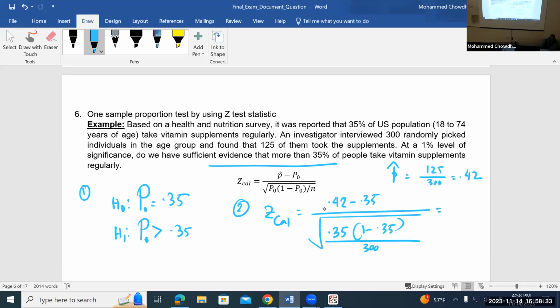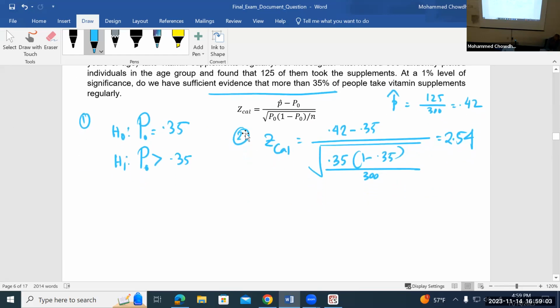Then I will go for the third and fourth steps. Got 2.54. Yes, so that is the calculated value. God bless you. So let me do the tabulated value, okay?